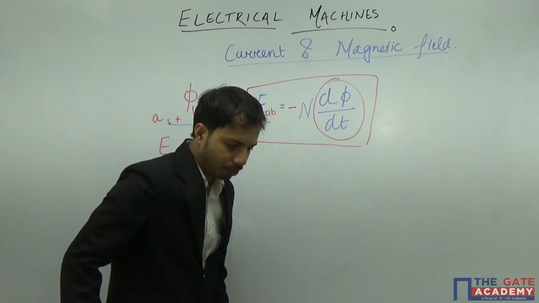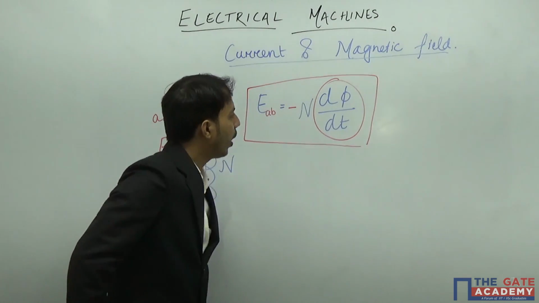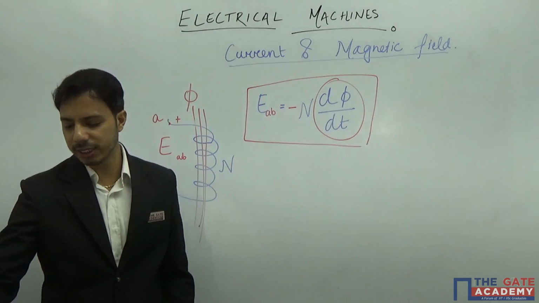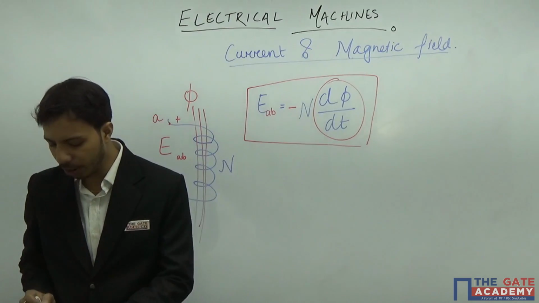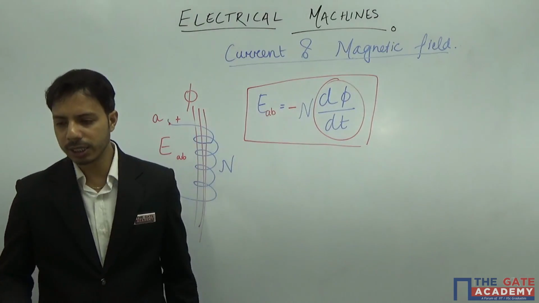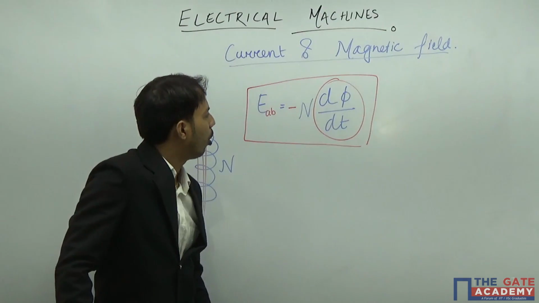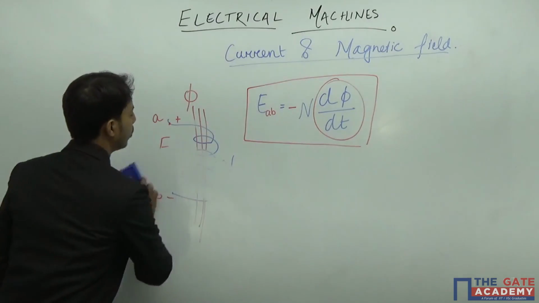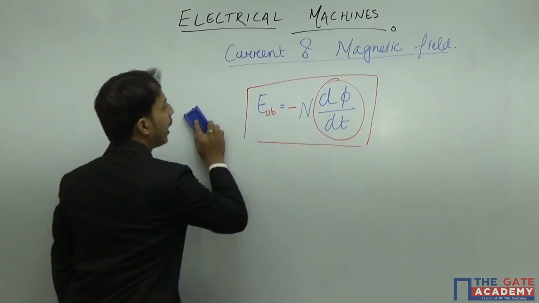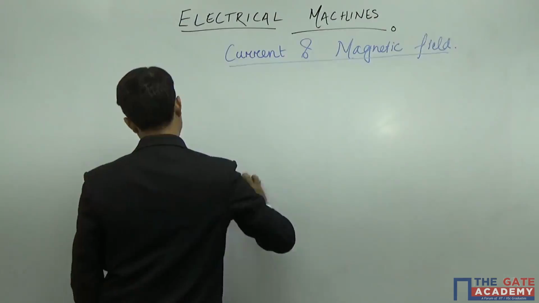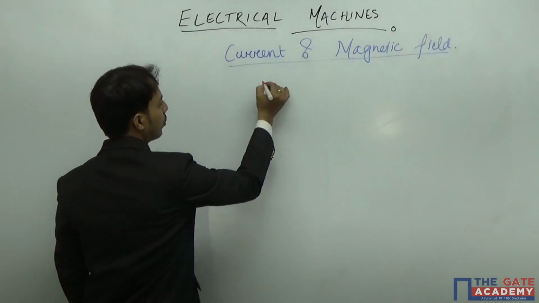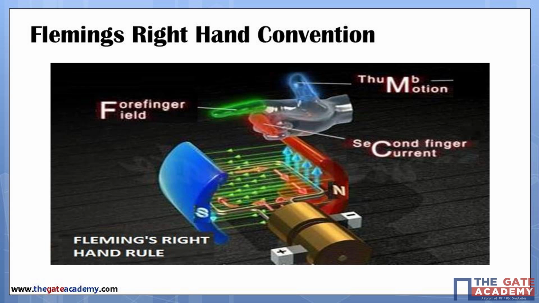Now suppose a particular situation is given, then how do we find out the direction of the EMF which is induced? Using Faraday's law, we can define a convention which is called Fleming's right hand convention.